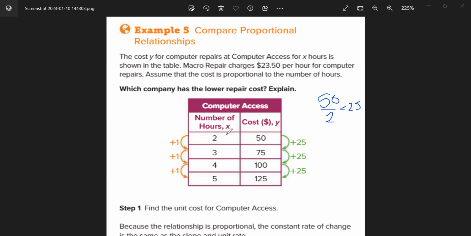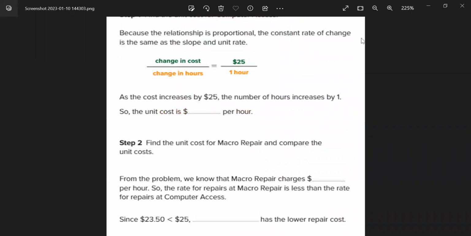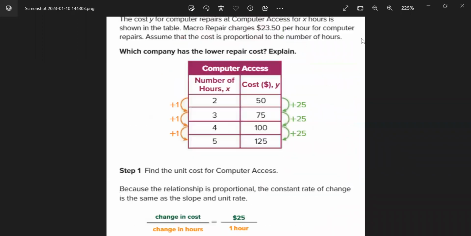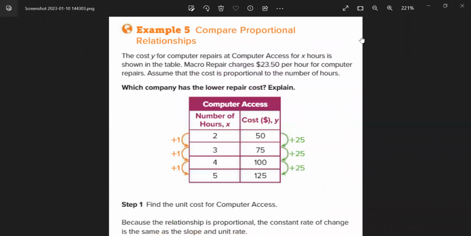So with that information, we already know which one is lower. Macro Repair is lower, because the unit cost for Computer Access is 25. So that's how we do it. This is simple, right? You can do every single part of it, but we can easily know which one has the lower cost for repair.